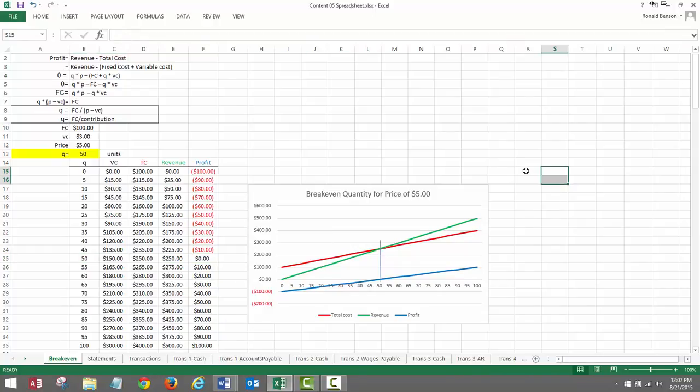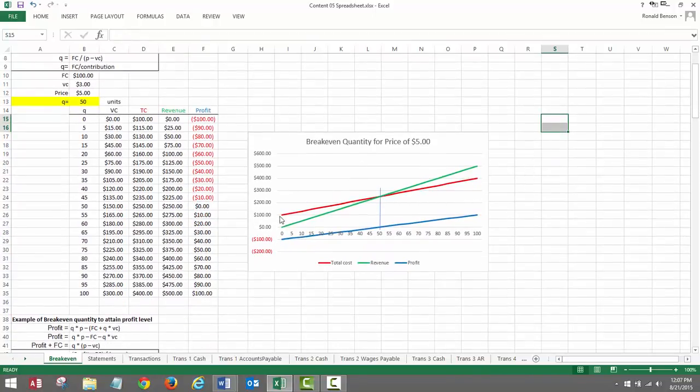And we can graph that. The red line is the total cost, both variable plus fixed, and it goes up at the rate that the variable cost goes up. The green is the revenue. It starts at 0 and goes up. And you'll see they cross right at 50 units.